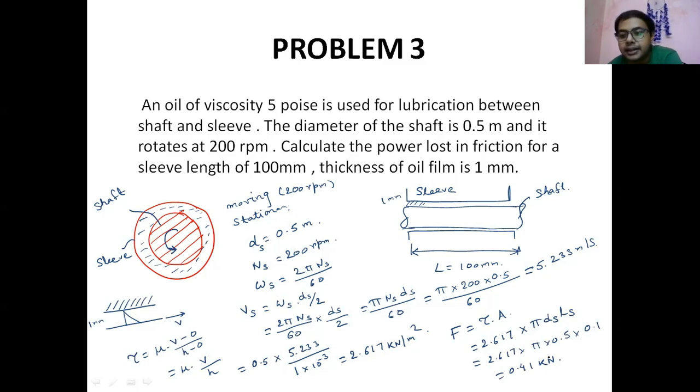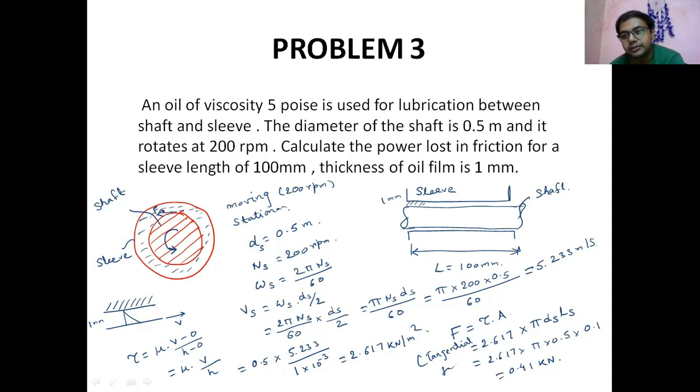The force is tangential. Whatever force you get due to the shear stress is a tangential force, the shear force. If it is rotating in this way, the force will be in this direction. The shear force is in this direction.